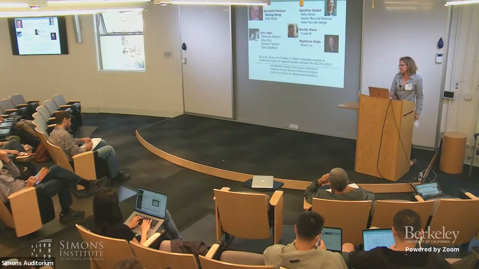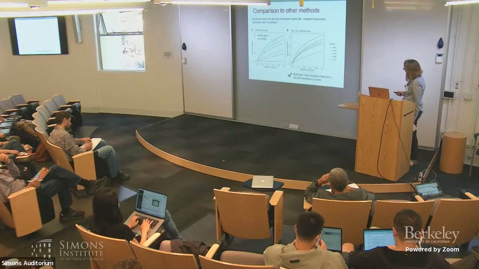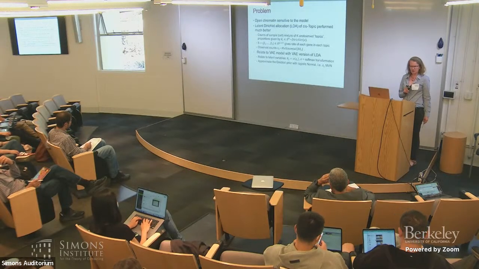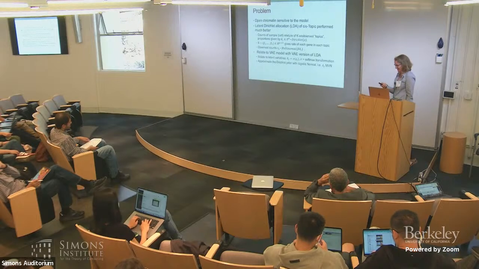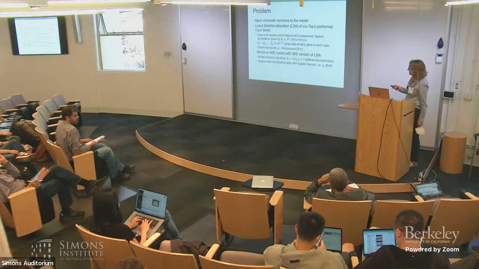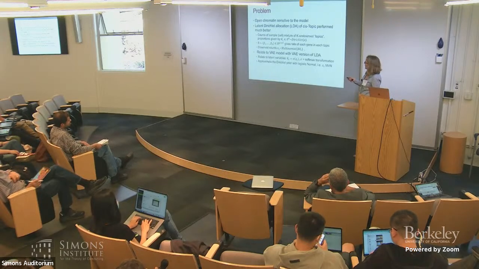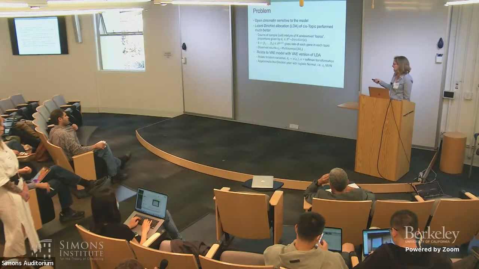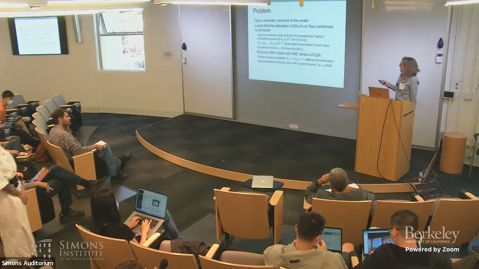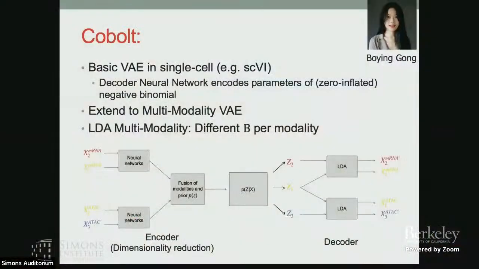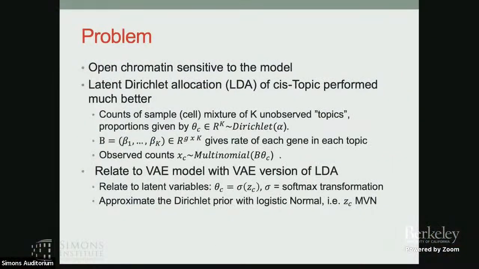Yes, and maybe no. As your question continued onward, I had to rethink it. Fundamentally, this model has this B, which goes from your latent variable into what you get for each gene. I didn't explicitly say that, but when we move to a multimodality model, this B is going to be different for every modality.